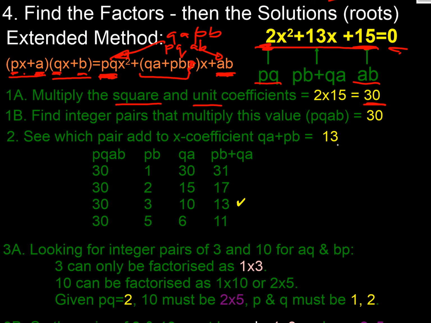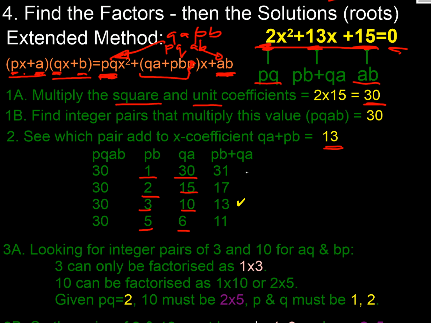Then we're going to look for the one that fits our second criteria, which is when you add them together you're going to get 13. So let's make a list here. Again, going in sequence, we could have a pair of 1 and 30, 2 and 15, 3 and 10, 5 and 6. Okay, then we're going to go through our adding up process.